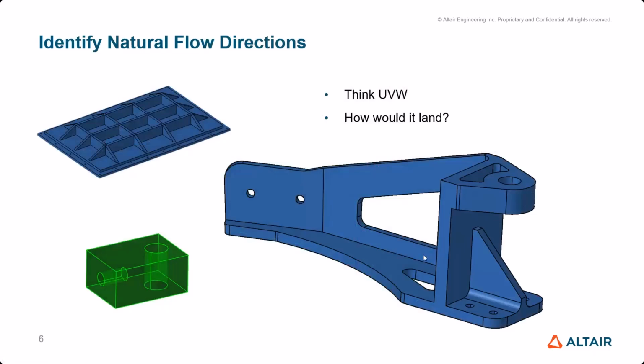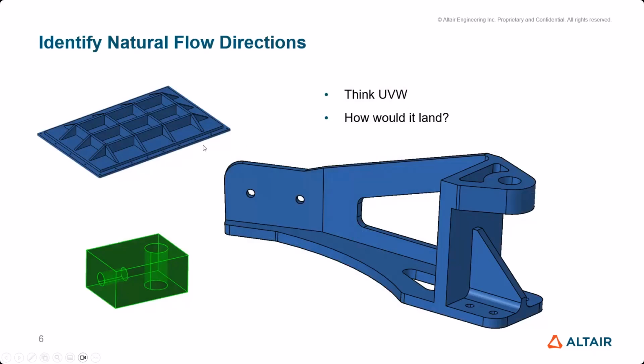All right, the next thing I want to look at is natural flow directions. This one is a little bit different from shell meshing or other operations in HyperMesh. So think about it in terms of a UVW perspective.